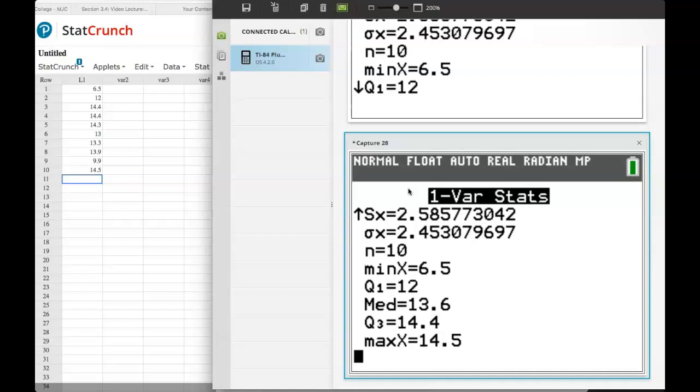Now enter your data in first column. So what we have is numbers are 60, then enter, 68, enter, 77, enter, 89, enter, and finally 98, enter.